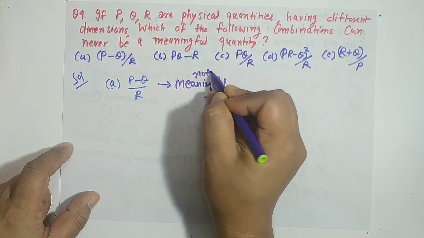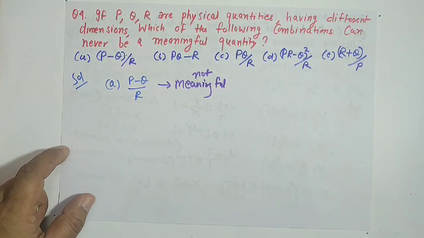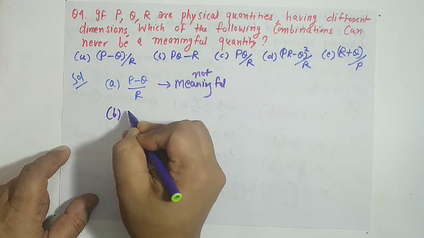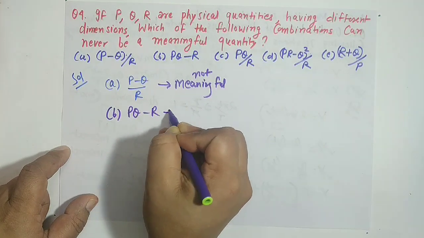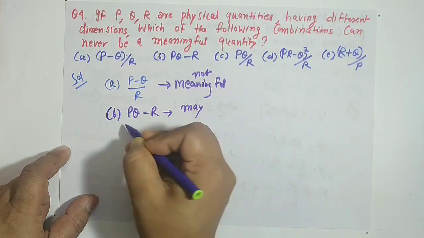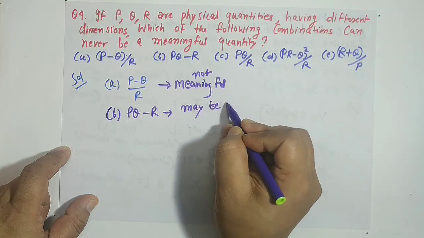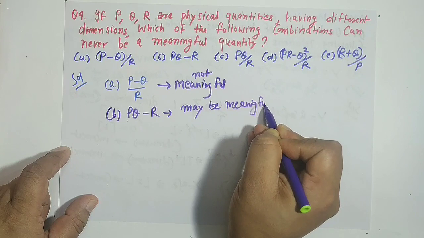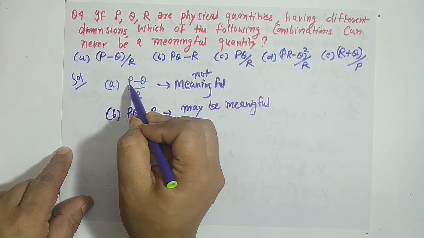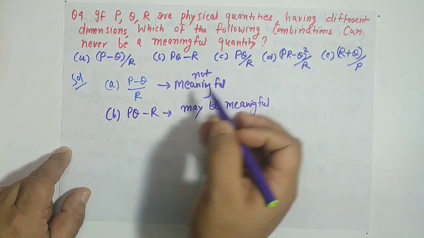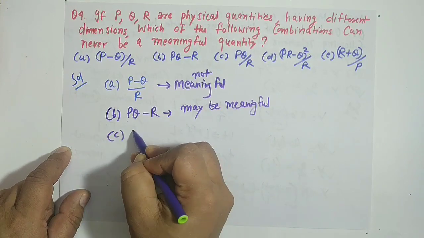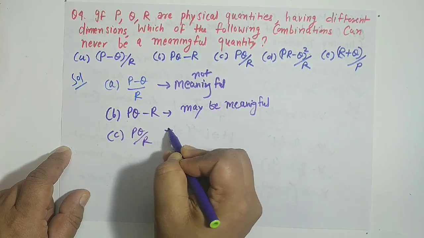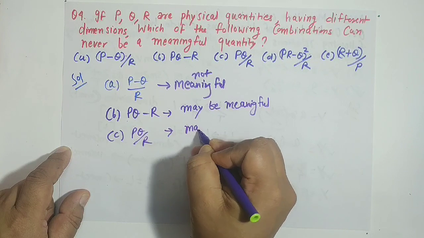Got it? Then B, PQ minus R. It may be, because it is multiplying with Q, so we can't say anything. It may be meaningful. Are you getting it or not? We only know by homogeneity that they can't add and subtract. Then C, PQ by R. Again it may be, because it is not adding or subtracting, it is multiplying.